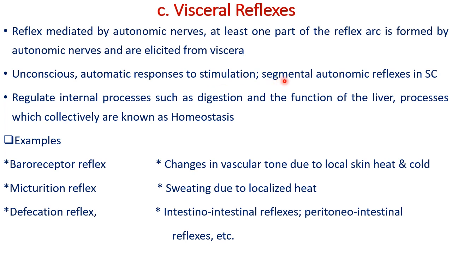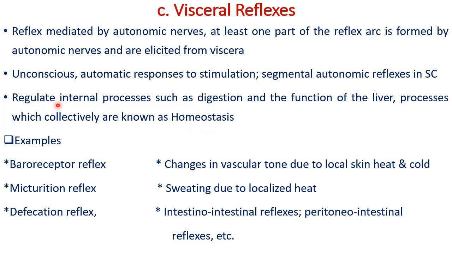Now, there are multiple segmental autonomic reflexes in the spinal cord. That is why in a spinal animal, we can study the visceral reflexes also. These reflexes are important to maintain homeostasis. What is homeostasis? This is the maintenance of constancy of the internal environment.